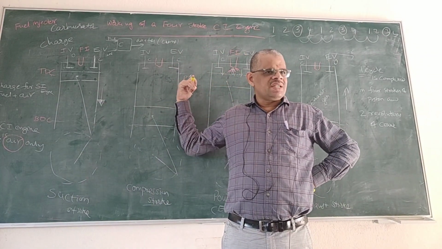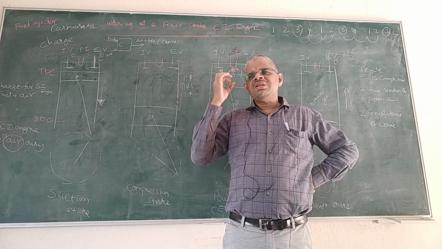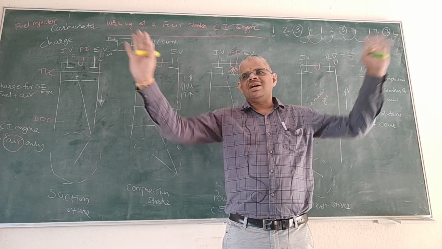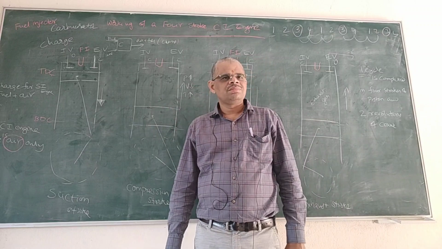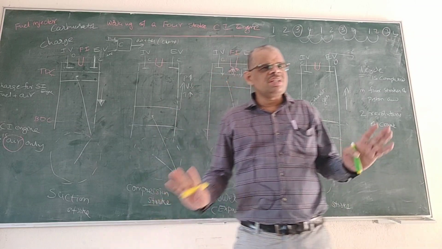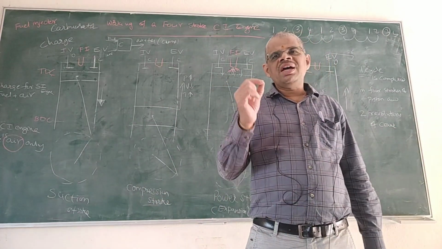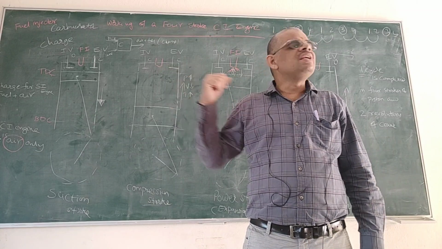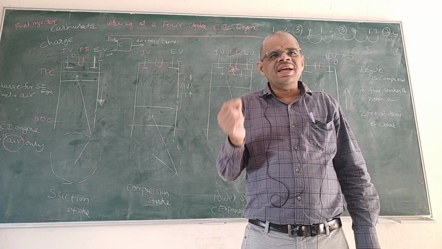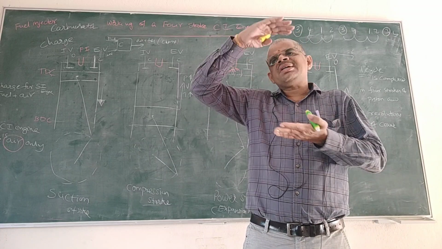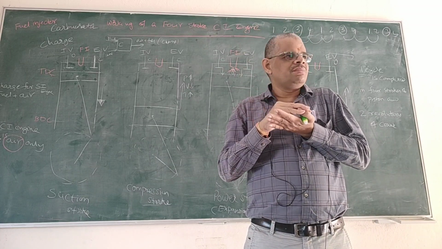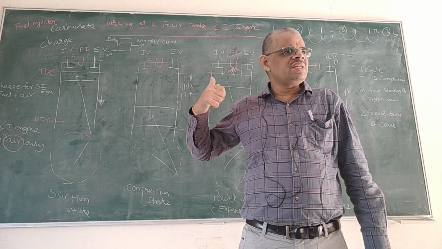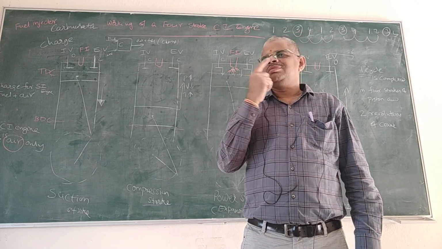Because of the temperature in the combustion chamber, whatever fuel you inject is readily ignited by itself automatically. Hence the combustion starts. So that's why this is called a compression ignition engine. Here the ignition takes place due to the compressed air, the compressed charge, which has a very high temperature. At that temperature the fuel can be ignited automatically.